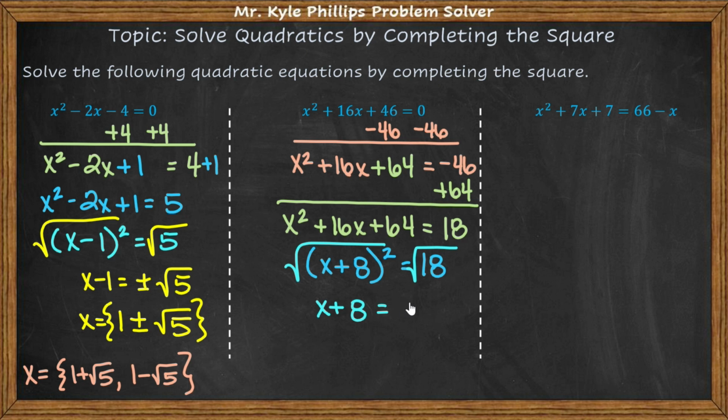So here, this is going to be plus or minus 3 root 2, and now I can subtract the 8. So x here is equal to negative 8 plus or minus 3 root 2. And this will be your two solutions, negative 8 plus 3 root 2 and negative 8 minus 3 root 2.